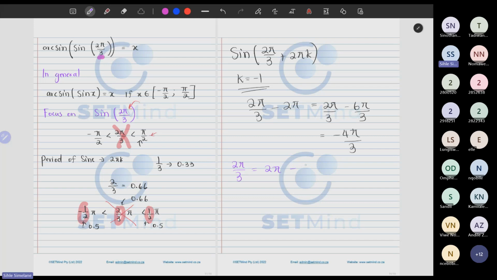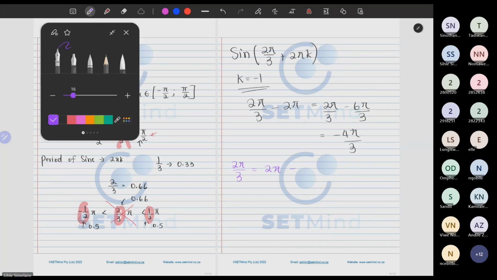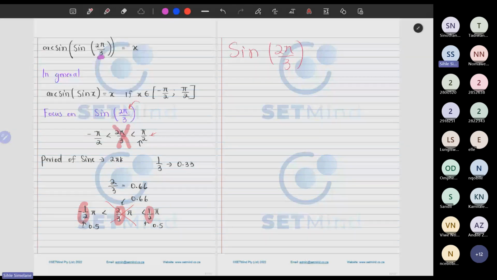Let's come here and see what this is. Let's look at sine so that life becomes simple. We have sine of 2 pi over 3. What is this angle in degrees?